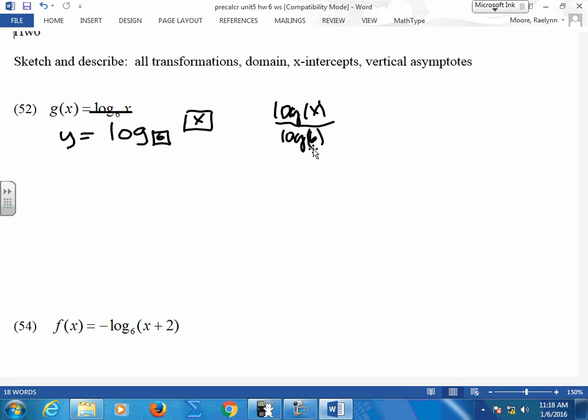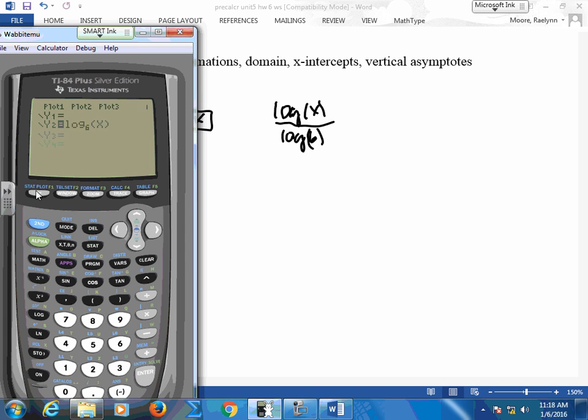You see the 6? Keep that in the denominator. Keep it under the line. See the line? That's your denominator, that's your numerator. But they both had to be changed to log base 10. Now you can absolutely put that in here instead. I'm going to put it in my first one. So I'm going to say log x divided by log 6.